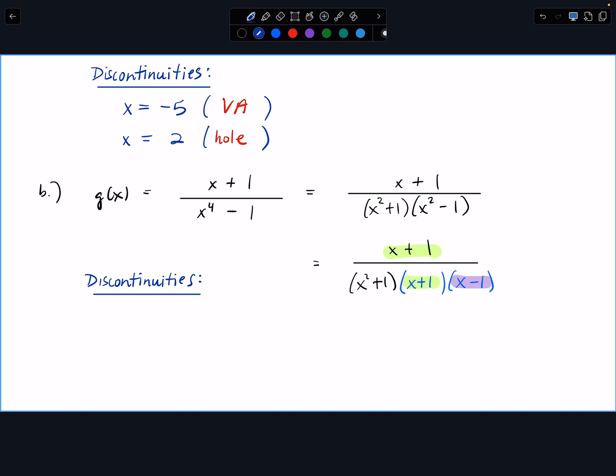X is equal to negative 1 and x is equal to positive 1. Do you guys agree that this is the negative 1? What is that? A hole? And the x minus 1 is a vertical asymptote?